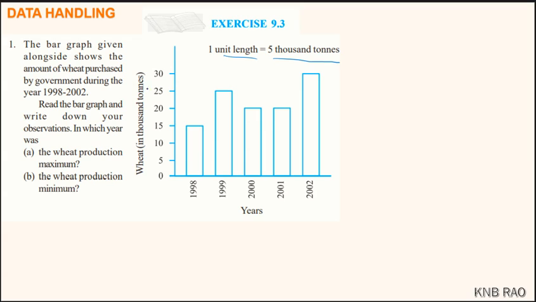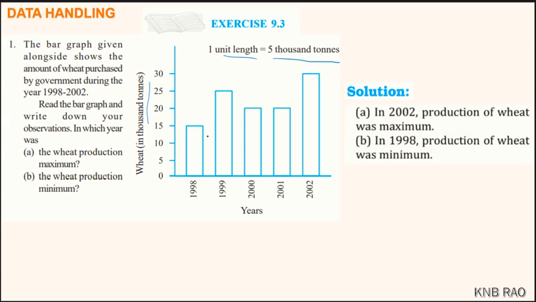We have already got wheat written here. 30,000 tons was purchased, and the wheat production minimum is in the year 1998, whereas 15,000 tons. So, the solutions: in 2002 production of wheat was maximum, and in 1998 production of wheat was minimum, and I also said how much.